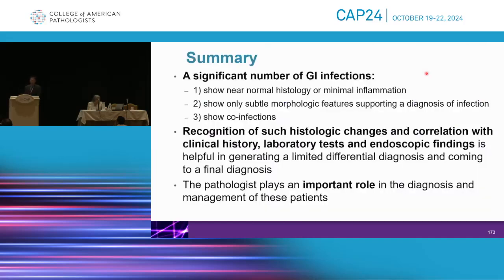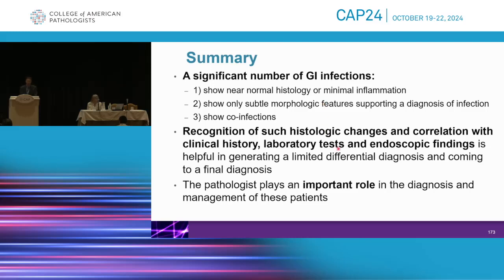So in summary of our talk today, a significant number of GI infections show near normal histology or minimal pathological changes. They can show only subtle morphology changes that can suggest you think about GI infection. And some infections can be dual, can be triple sometimes.